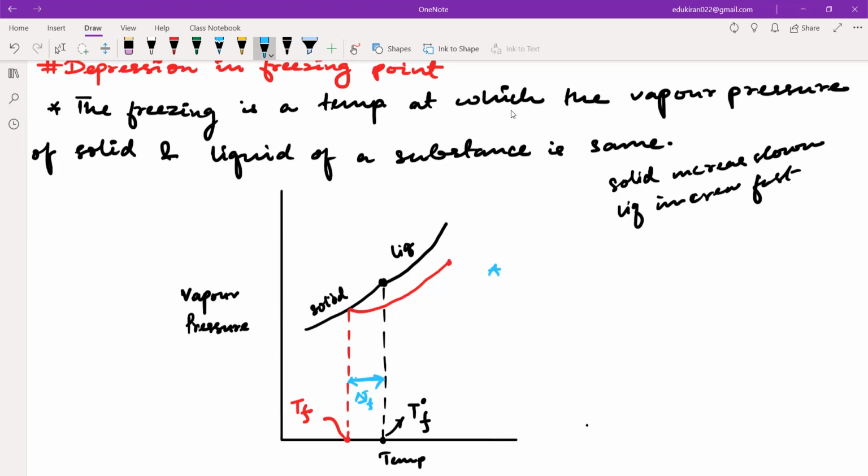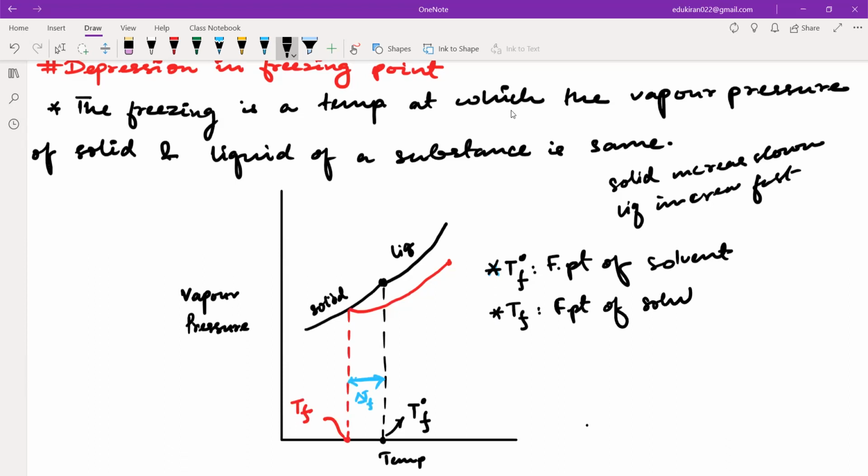Now please remember, T naught F will be the freezing point of pure solvent, and TF will be the freezing point of solution.